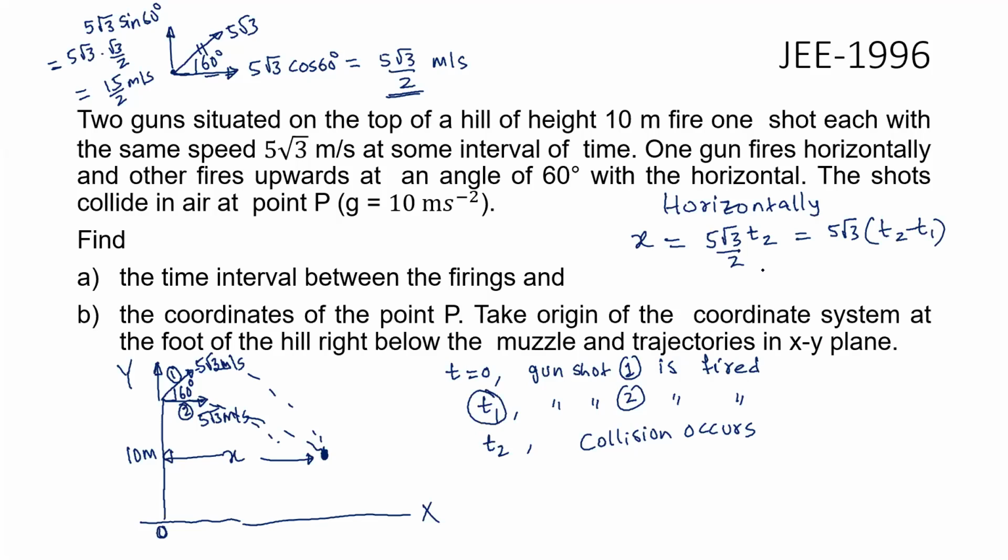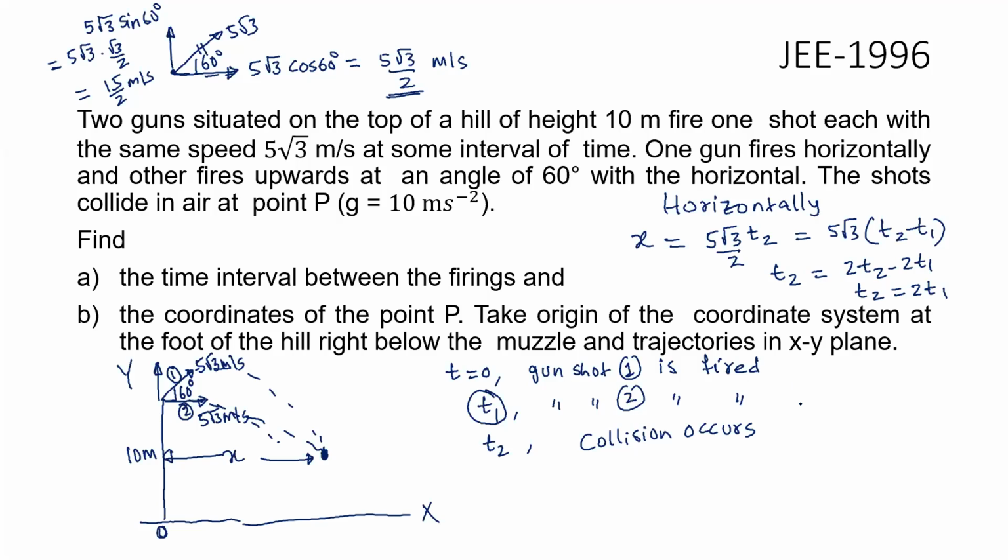So from here, I think 5 root 3 I can cancel. So t2 is 2t2 minus 2t1, or we can say t2 is basically 2t1. So are you guys with me?